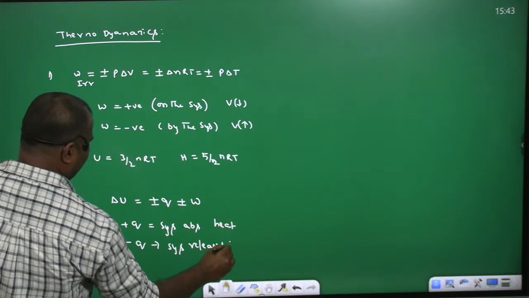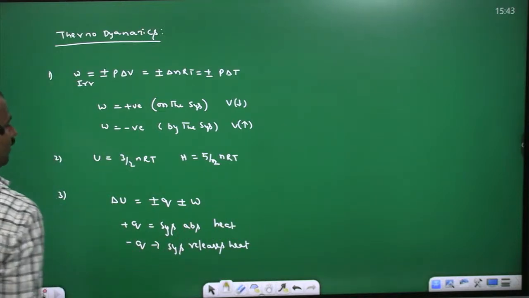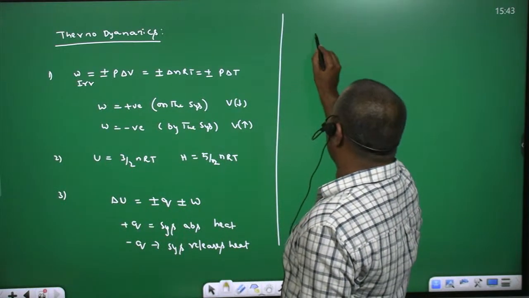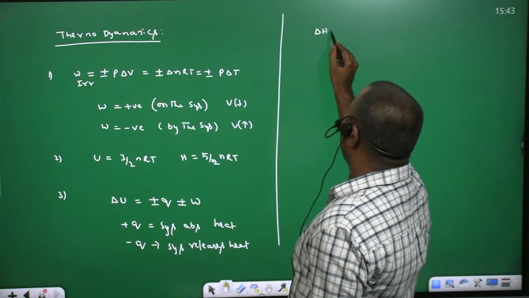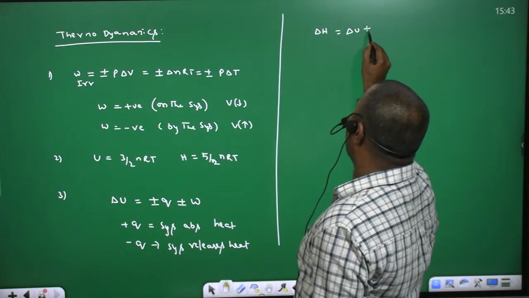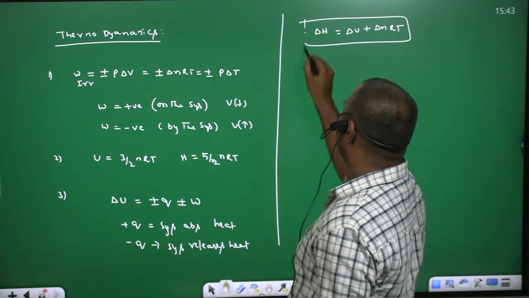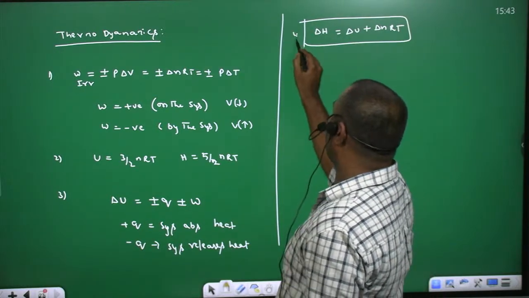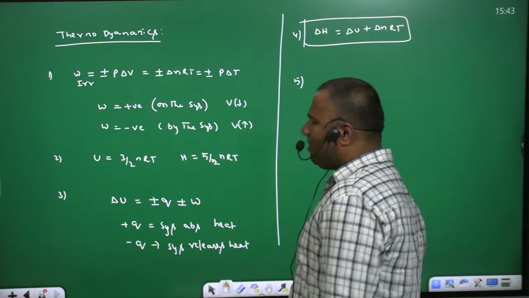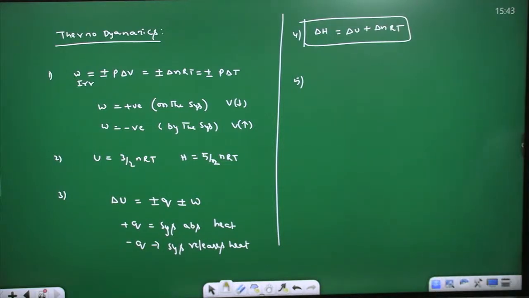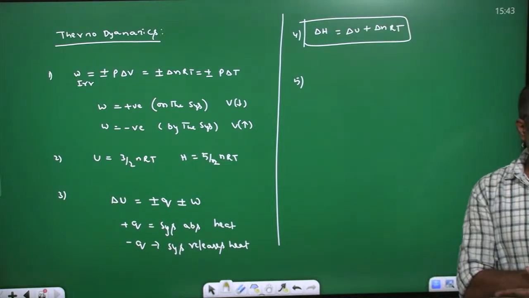Okay. Next, relation between delta H and delta U. Delta H equal to delta U plus delta nRT. This is fourth one. While coming for the fifth one, delta H equal to delta U plus delta nRT.